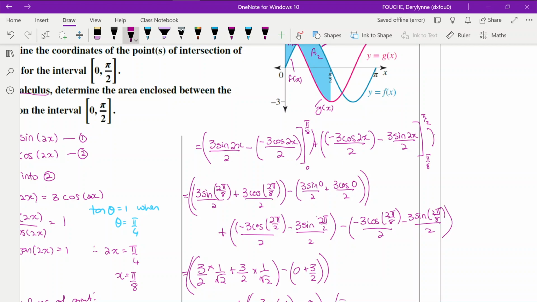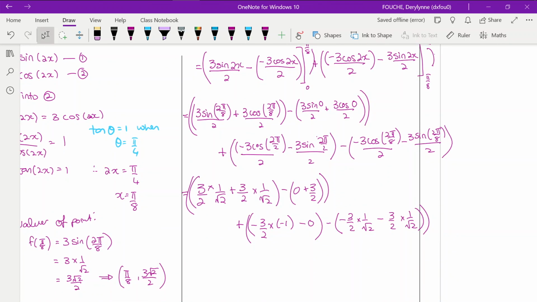So here we have negative 3 on 2, cos of pi on 4, which will just be 1 over root 2, and minus 3 on 2, sine of pi on 4, which is also 1 over root 2. If you just keep your head about you and think about each and every single one of them with all their signs, you should be fine.